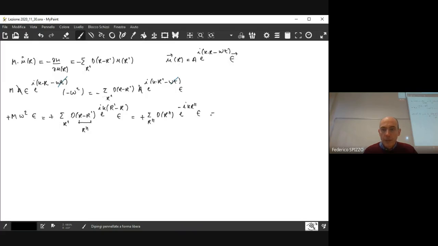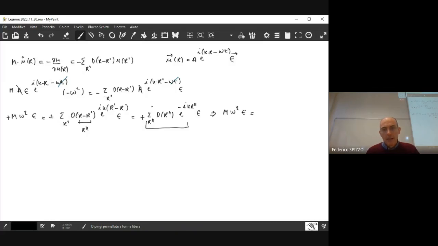So the final equation is m omega square E is equal to this, that is just a matrix. So I have the matrix D times a phase, and then a summation of all those matrices that have exactly the same structure.